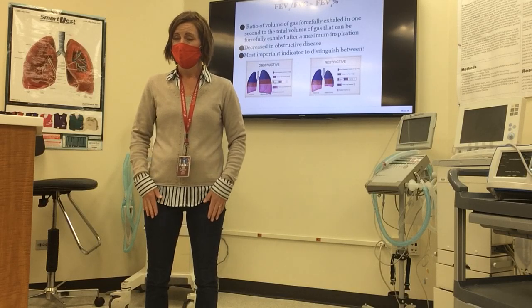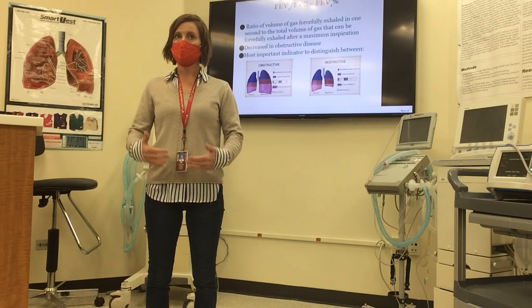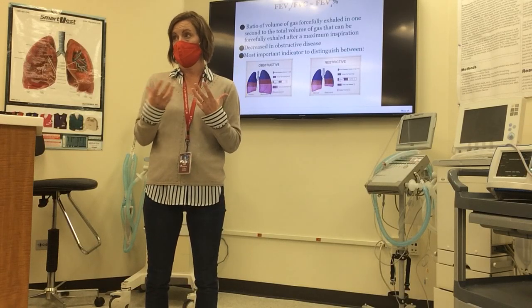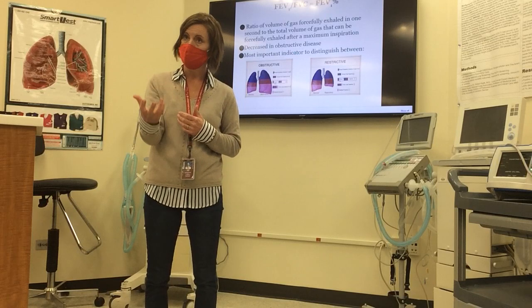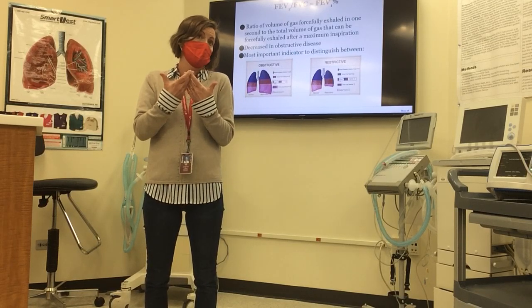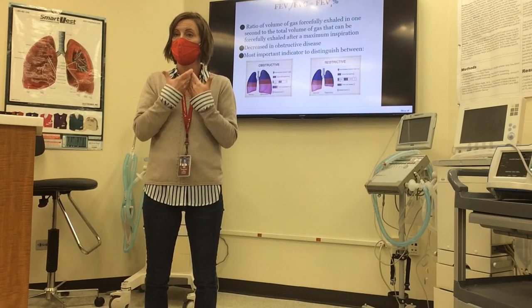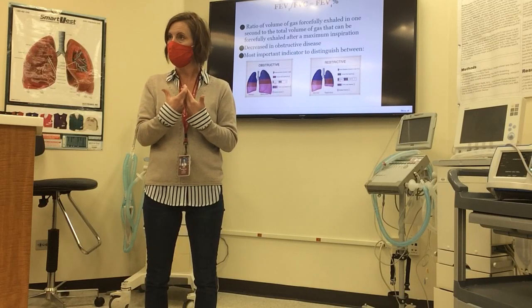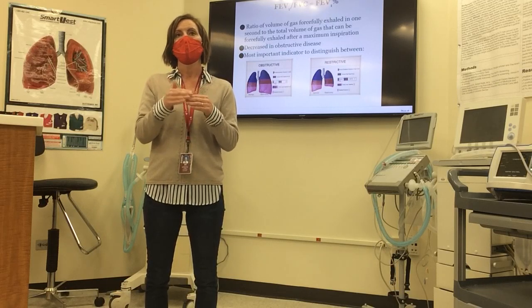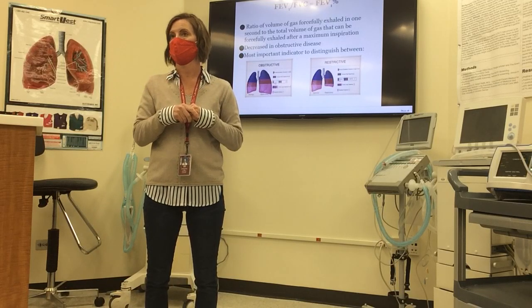So could we get that forceful breath out? No, but comparatively to what we can take in, the patient could most likely get it out because their airways are patent. Okay, so that's why this FEV1 ratio would be normal in restrictive disorders.